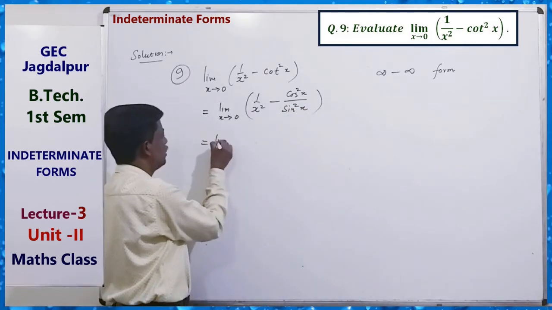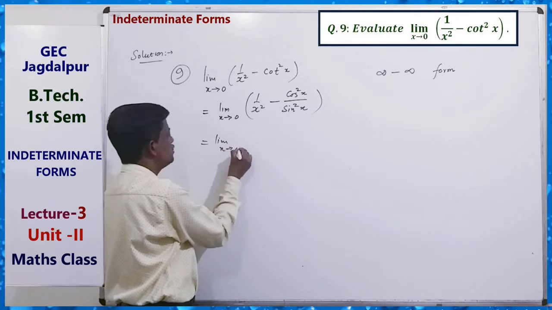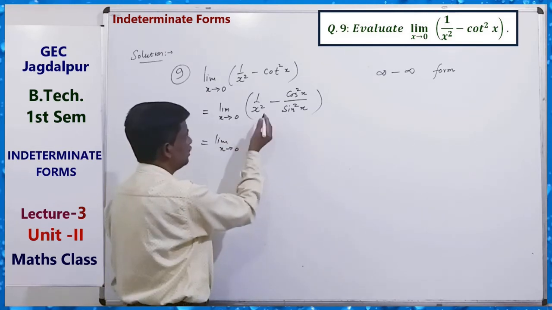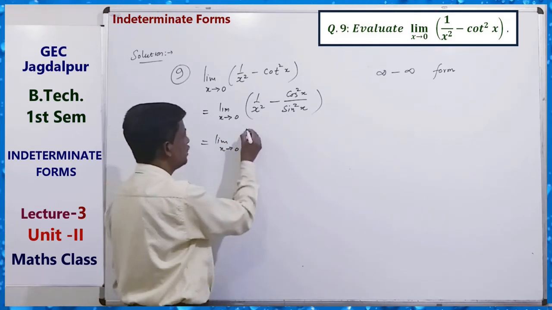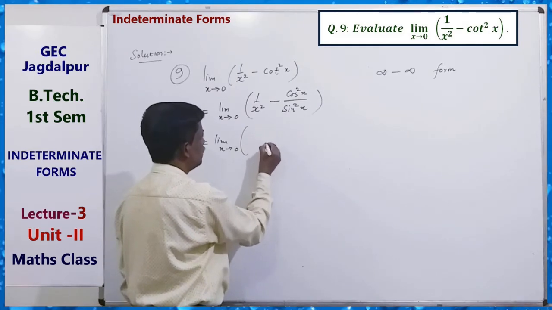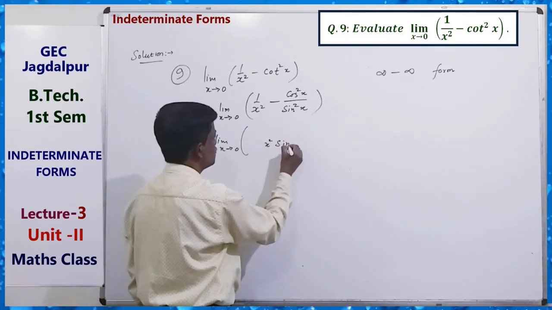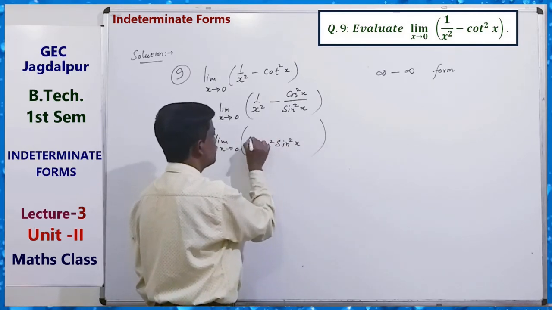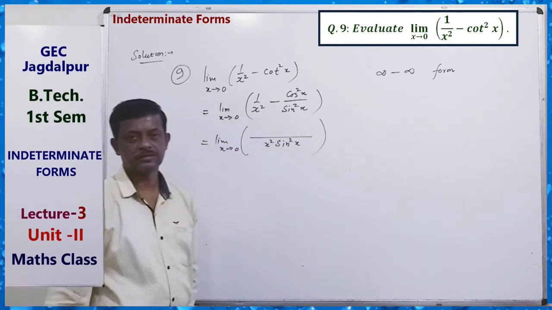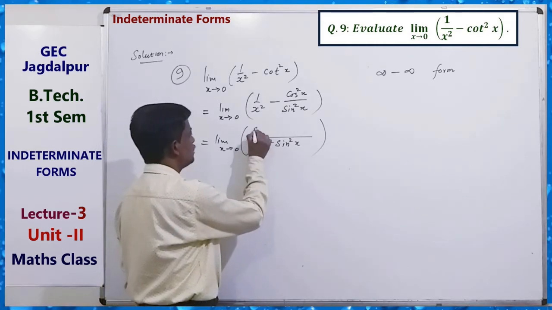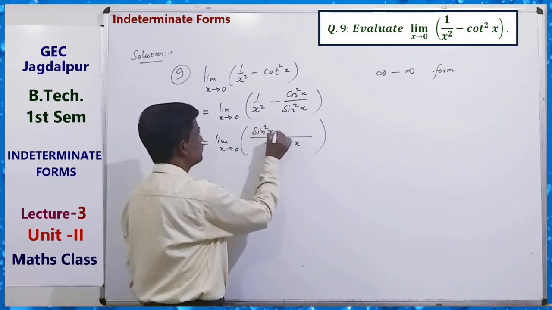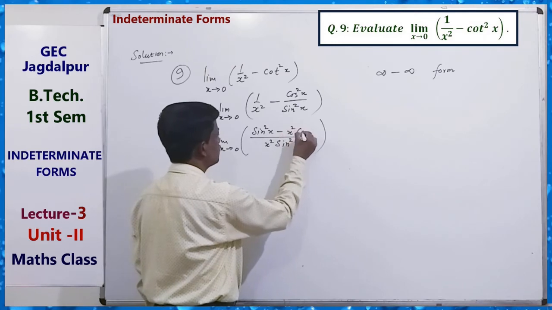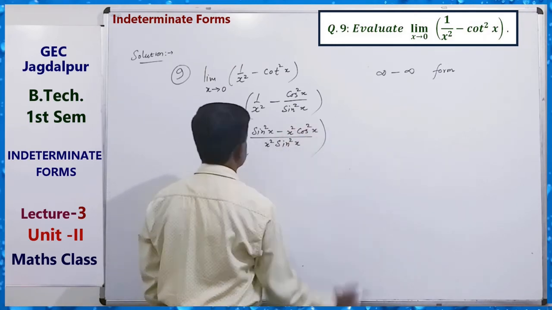Just do it. x tending to 0. And then we can write x square sin square x, just taking LCM. Okay. Here sin square x minus x square cos square x.